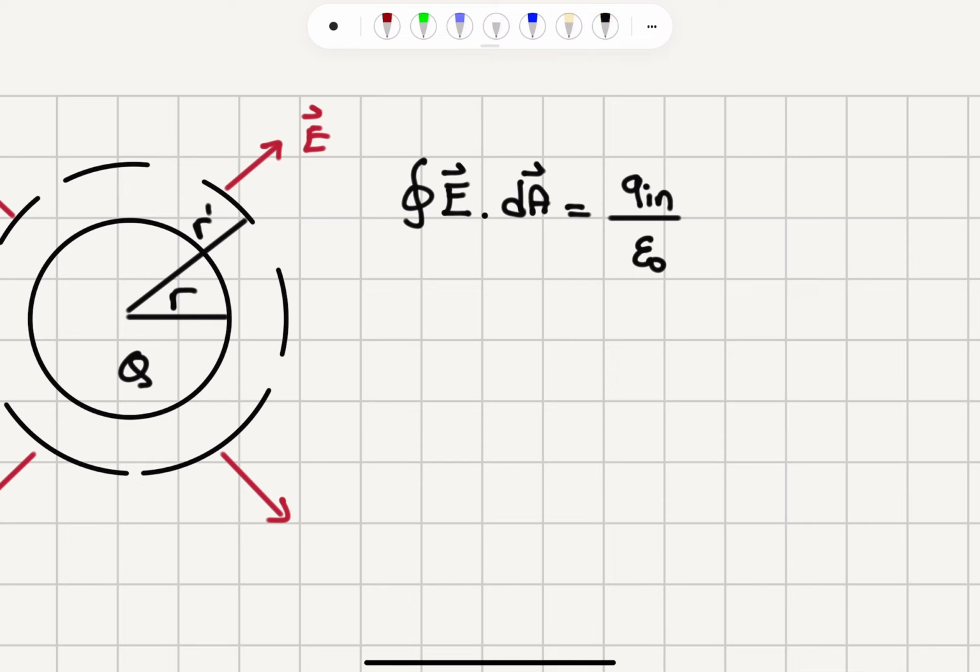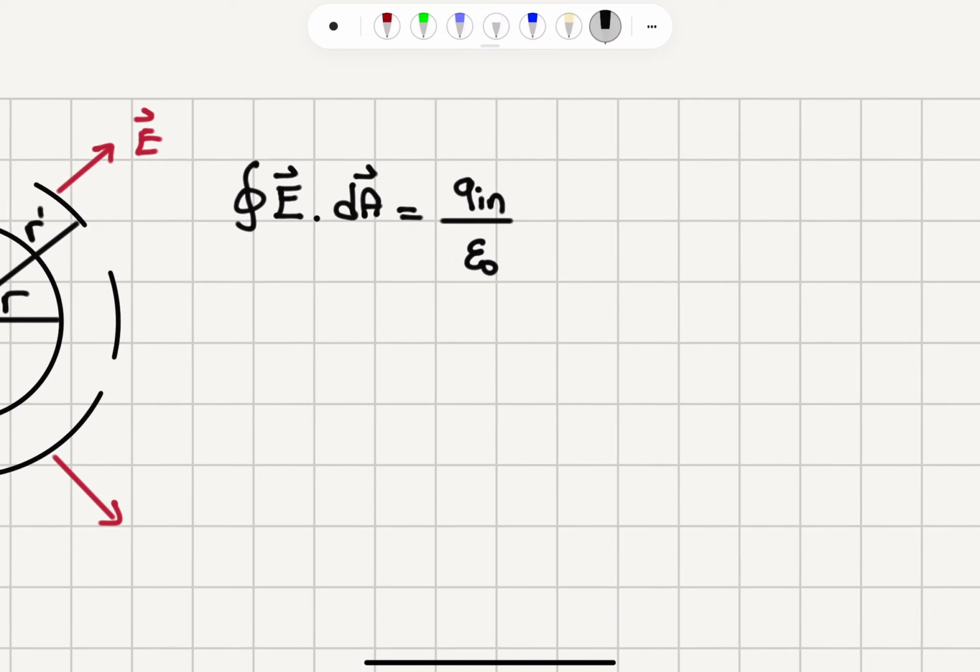Now, what is the area of this sphere? It is 4 pi r prime squared. Because the area vector is also pointing radially outward, I have E dot dA equals E dA, which is E times 4 pi r prime squared.